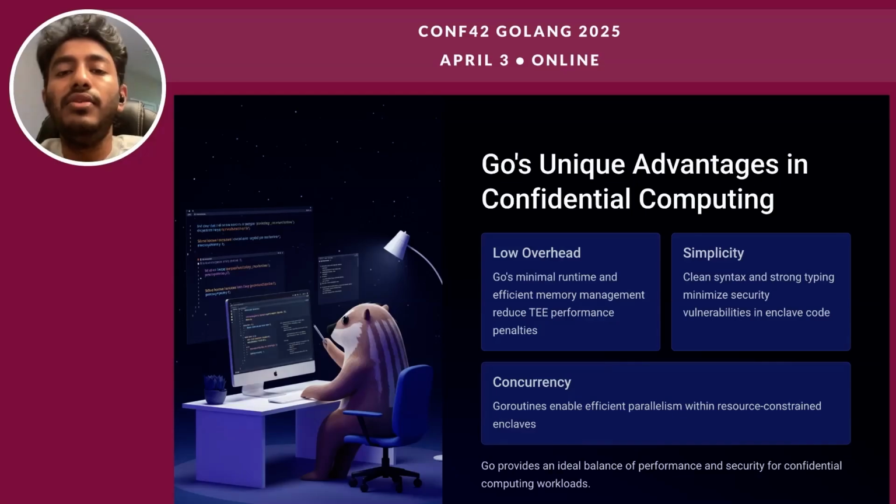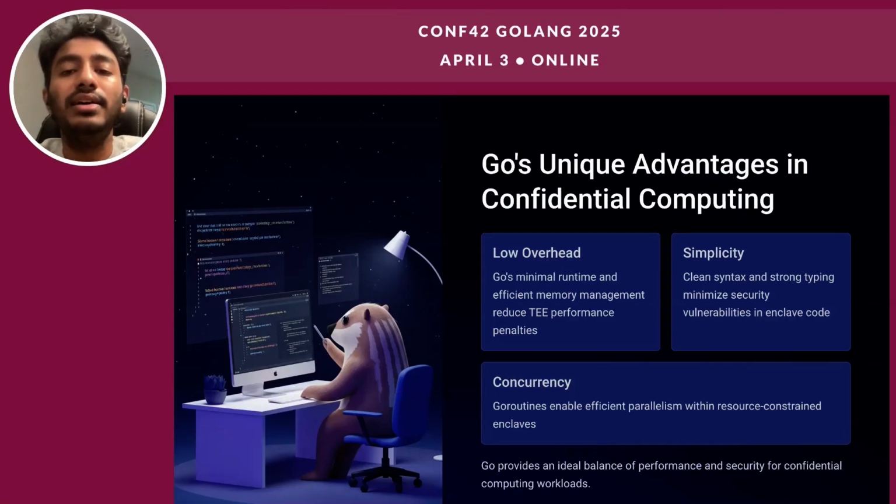Why? First, Go has a tiny runtime footprint. This makes it ideal for running inside resource-constrained environments like enclaves. Second, Go's type safety and simple syntax reduce the chances of memory corruption or security bugs. These are huge wins when working in trusted environments.